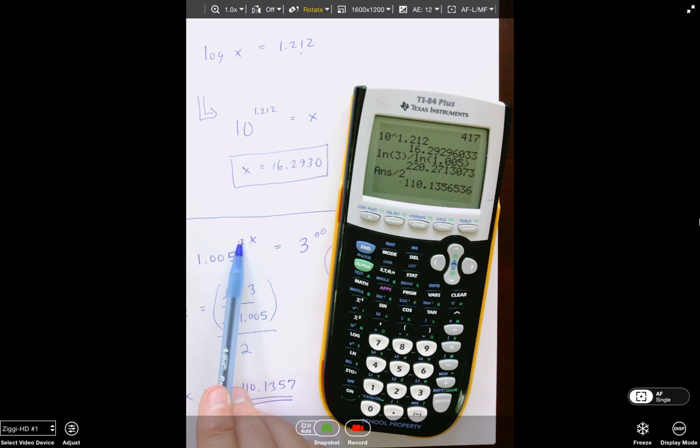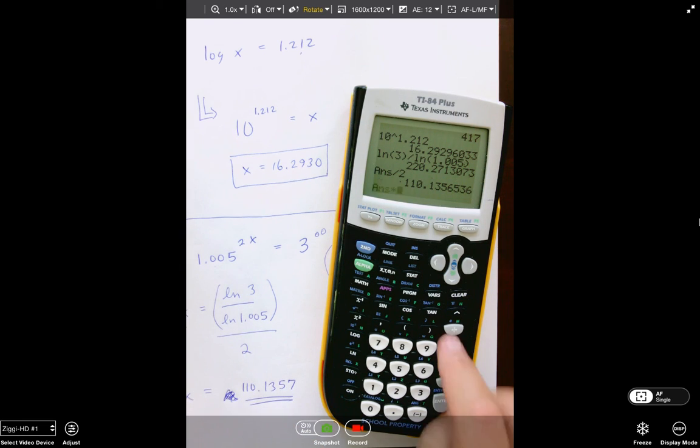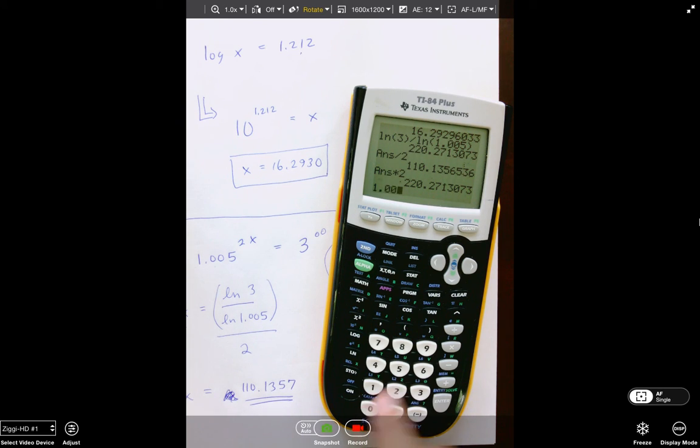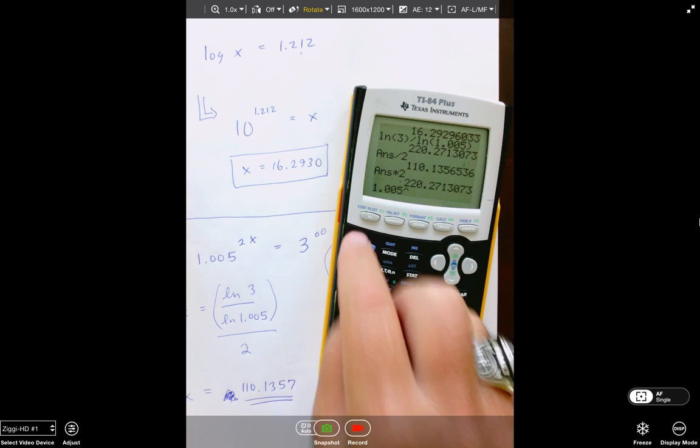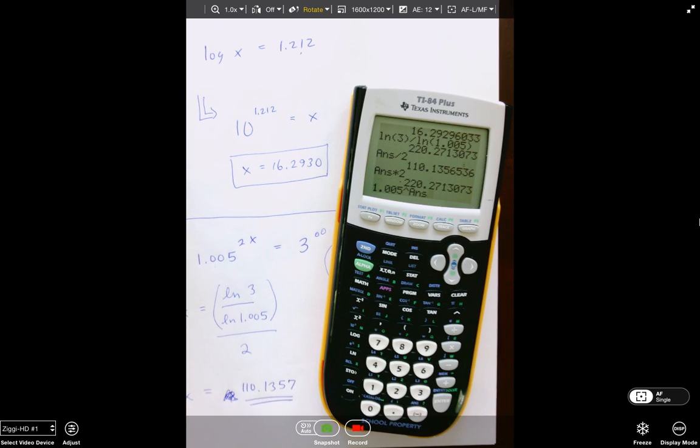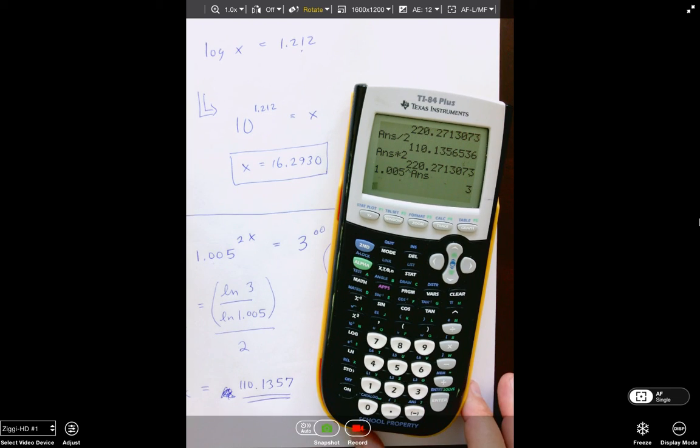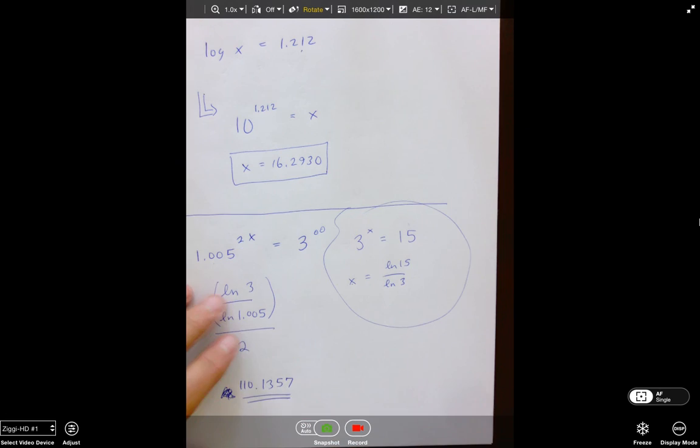I need to multiply that by 2. 1.005 raised to that value better be, well, simply 3. And it is, so I believe that our answer is correct. I know our answer is correct. I don't even have to believe it.